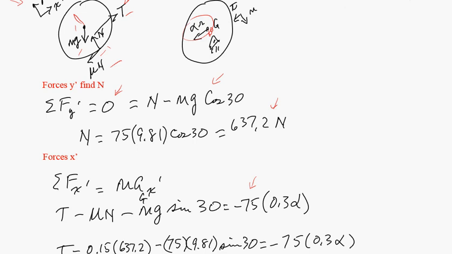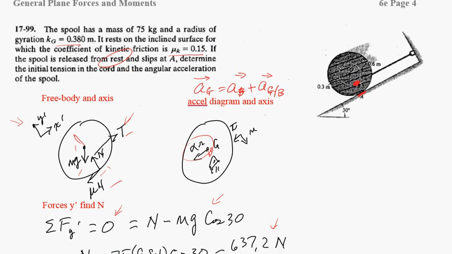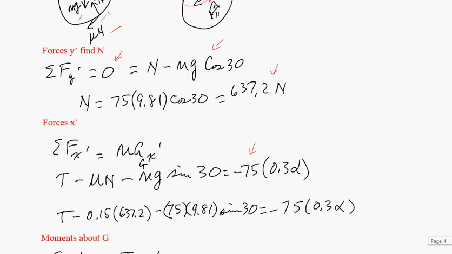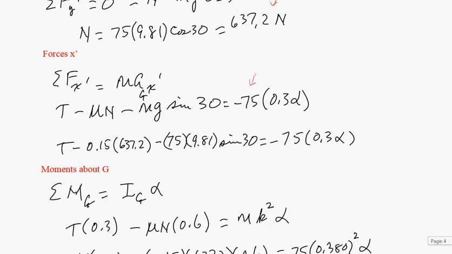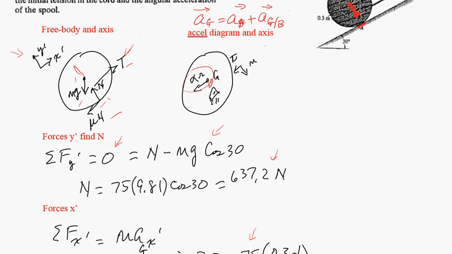Now let's go back and see where that 0.3 came from. Notice it's from there to there. It's from G to the point of rotation, and that point of rotation is point B. And then you sum the moments about G and get I about G alpha. So off of your free body diagram, you sum the moments about G. Here's G. N doesn't cause any moment.